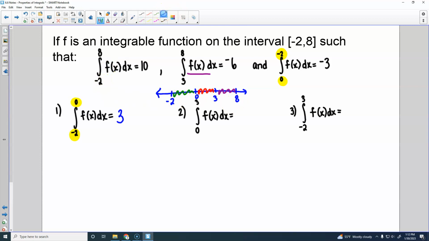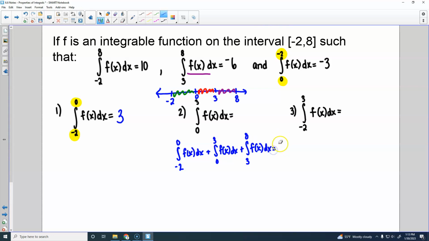So if I do the integral from -2 to 0, you want to put your lowest number first there, -2 to 0 of f of x dx plus our integral from 0 to 3 of f of x dx plus our integral from 3 to 8 of f of x dx.